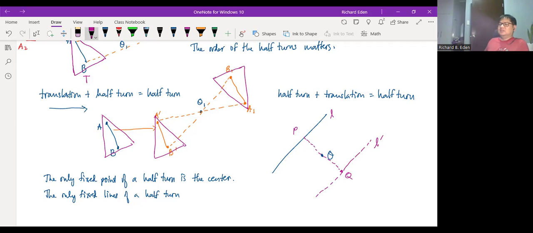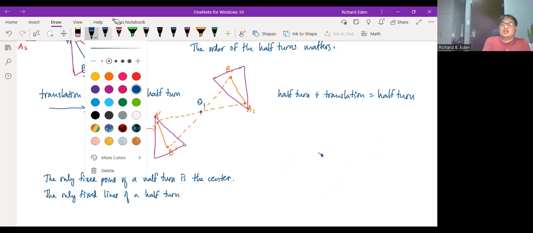My question is this. Are there lines on the plane whose image with respect to that particular half turn is itself? Any line po that contains O. Yes, any line that contains O. All right, kasi mangyayari, you're right. Any other points will be sent to somewhere else, but it will be sent along the same line.